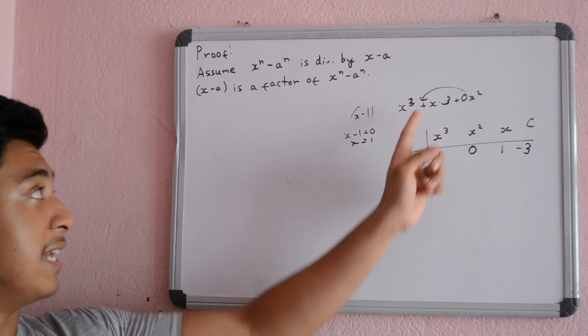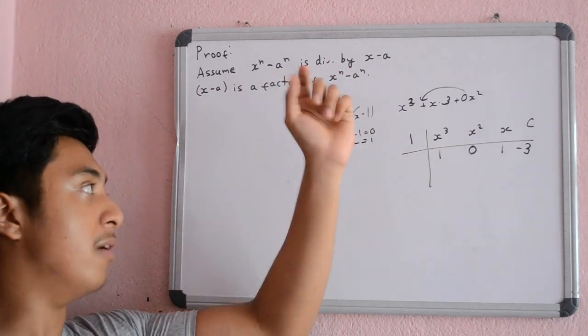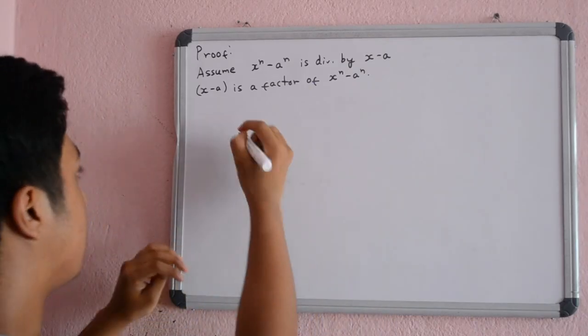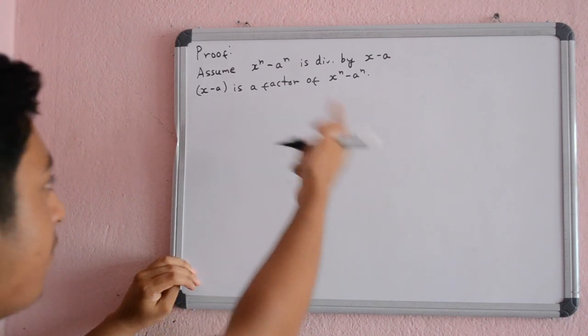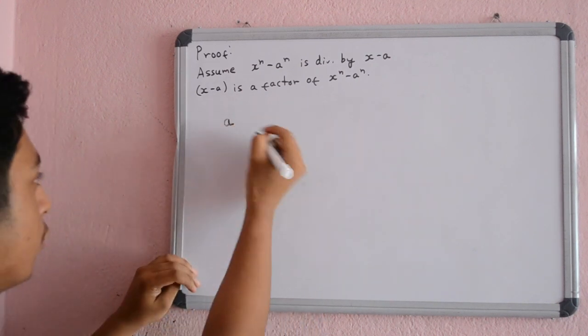Now let's write that down for x to the power n minus a to the power n. Let's begin. So we know that x minus a is a factor, so we'll have x equals to a over here.